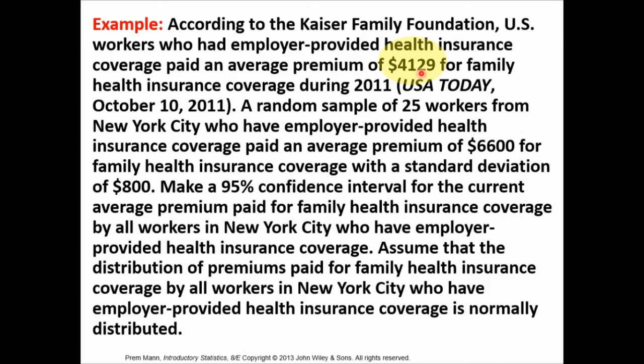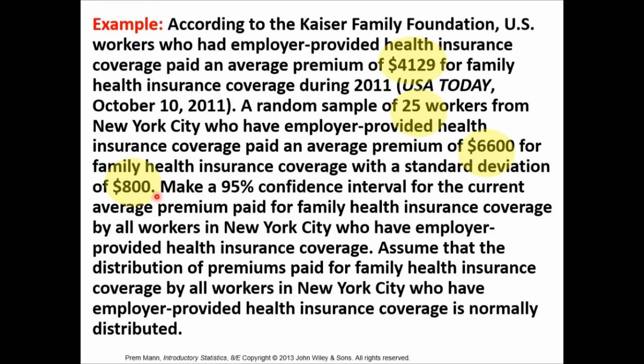But what we will use is, number one, we have 25 workers, so that is the sample size. It's a random sample of 25. That sample had an average of $6,600 for family health insurance coverage, and the standard deviation of the sample was 800.